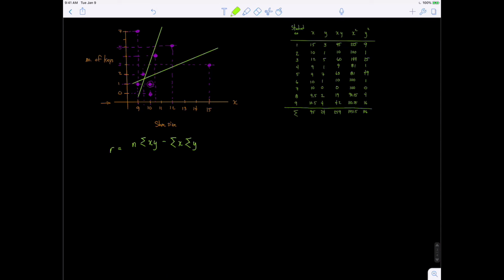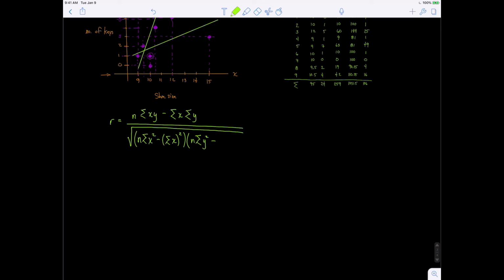And then we're going to divide it by the square root of n times the sum of the x's squared minus the sum of the x's, squared, times n times the sum of the y's squared minus the sum of the y's, squared.